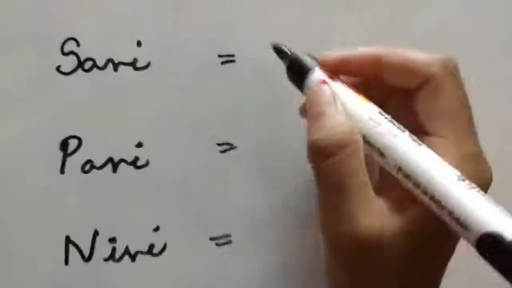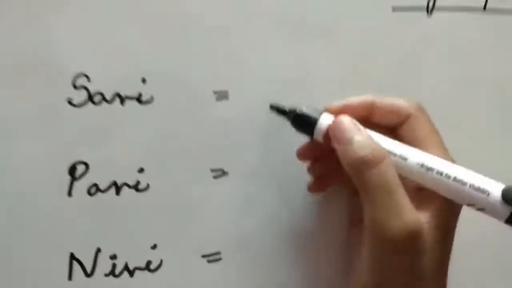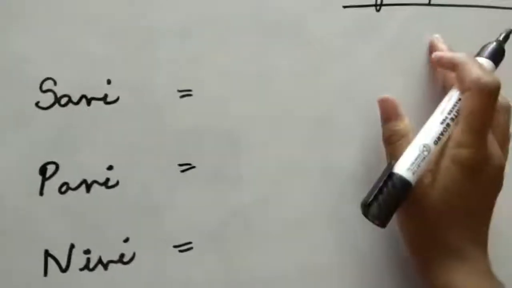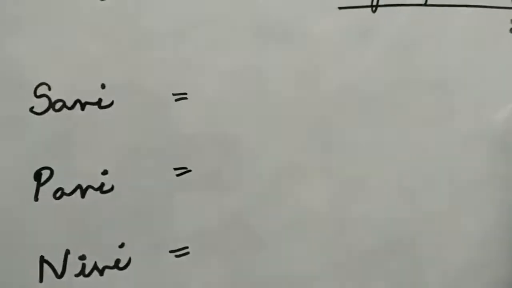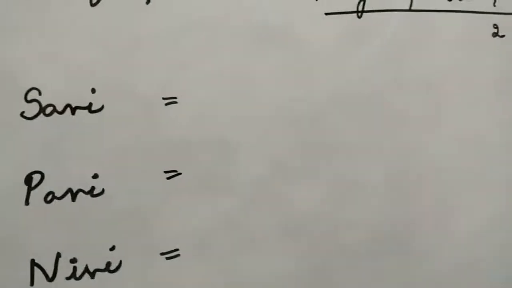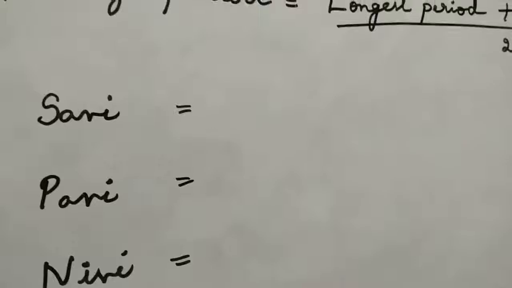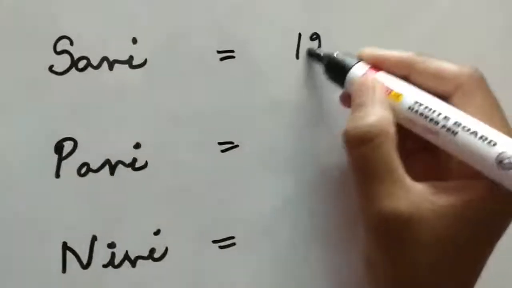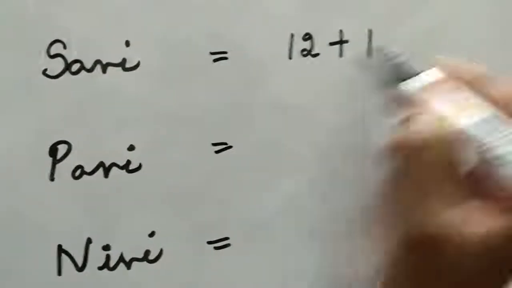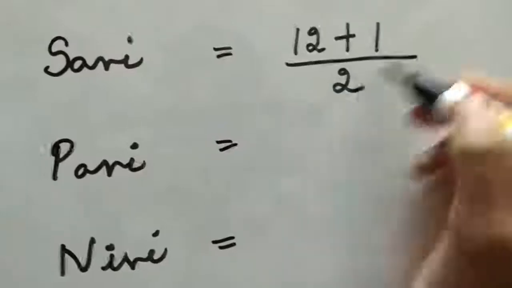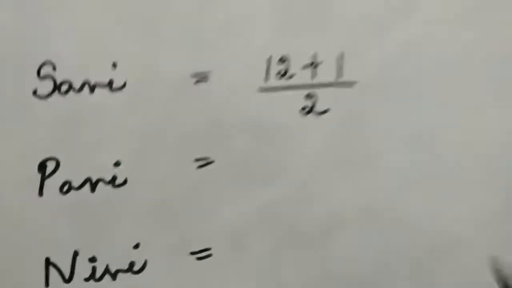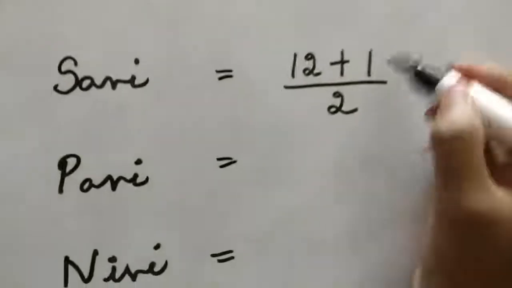Now moving towards Savi. Savi, the longest period plus shortest period is going to be considered as 12 plus 1 divided by 2. So she is withdrawing at the beginning of each month.